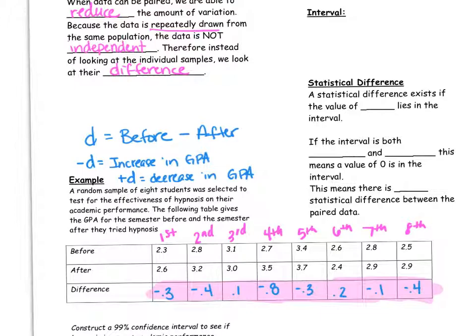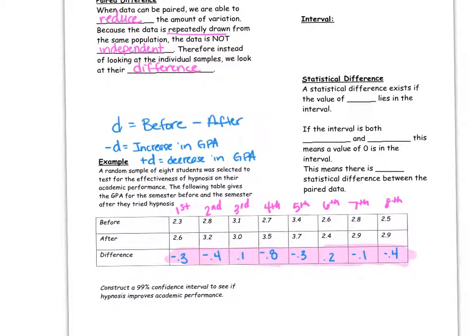So the question is going to be this. Construct a 99% confidence interval to see if hypnosis improves academic performance. So if we're constructing an interval, what do I want to see with my interval? Do I want my interval to be all negative, all positive, or some negative and some positive? You want it to be all negative. Why? Because you're trying to get the GPA to go up. Good job, Aaron.